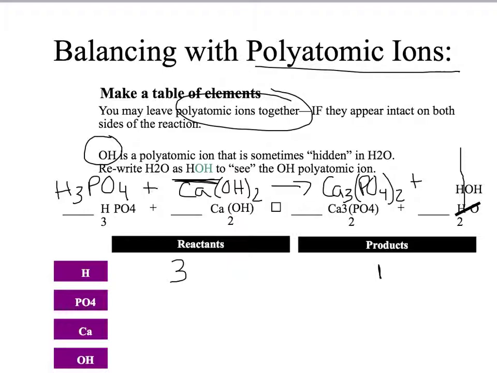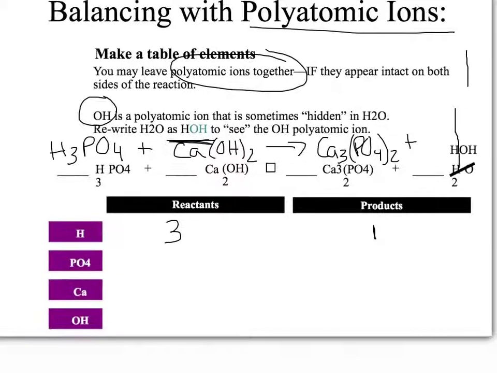What about that OH, you say? Well, that OH we're going to deal with by looking at the OH down here, okay? So how many OHs do I have over here on this side? I just have 1 OH.